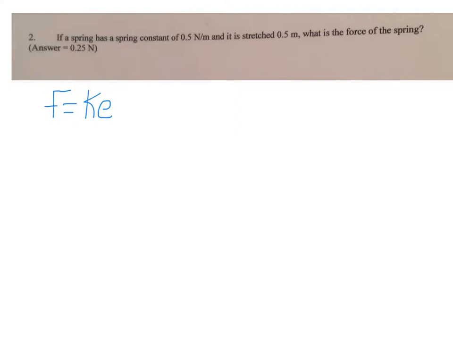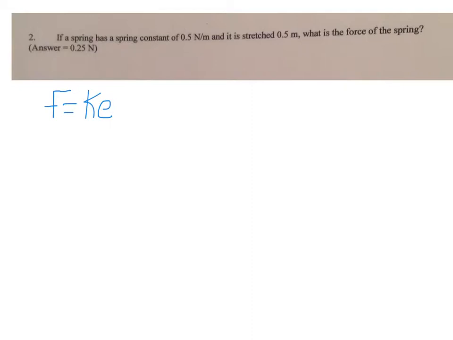We have a typical Hooke's law problem, and the problem says if a spring has a spring constant of 0.5 newtons per meter and it is stretched 0.5 meters, what is the force of the spring? So we go to our formula that our force would equal our spring constant, which would be in newtons per meter, times the distance that the spring stretches.